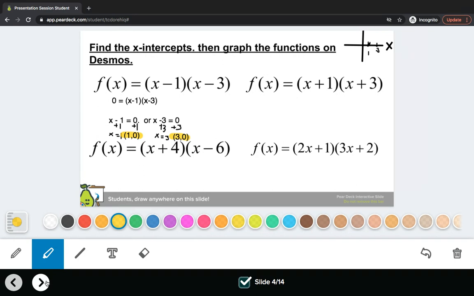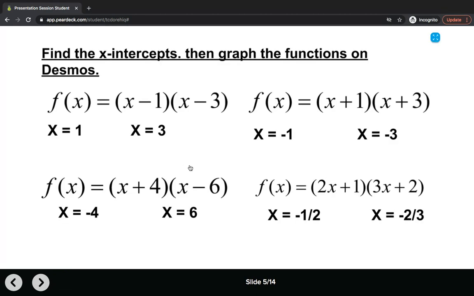Okay, so you should be able to check your solutions now, and you should have gotten x is equal to -1, x is equal to -3, because again, set those both equal to 0 and solve. x is equal to -4, x is equal to 6. Pay attention to this one here, because it was addition, that one's negative, and this one's subtraction, so this one's positive.